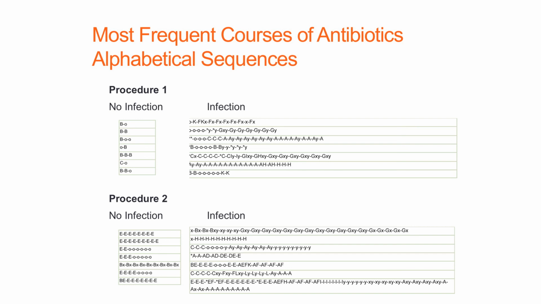There's an asterisk here, and the asterisk represents any of the other 40 antibiotics that were not coded with one of the first 10 letters. So for a course like this one, for the first 3 days there were no antibiotics, and then one antibiotic was used for 3 days, and then switched to a different one the next day, and then another one added on the 3rd day for about 6 days, and then drop the 3rd, and then add the other one back, and drop it for a few more days, and then add it back, and then drop it again.